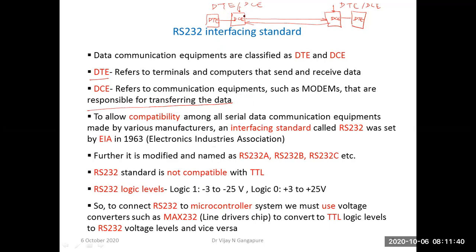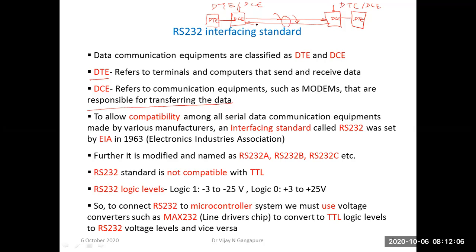Whatever communication happens on the serial port in between two DTEs, this serial communication is under the control of these two DCEs, data communication equipments, which are responsible for actual communication on this serial data communication channel or serial port.